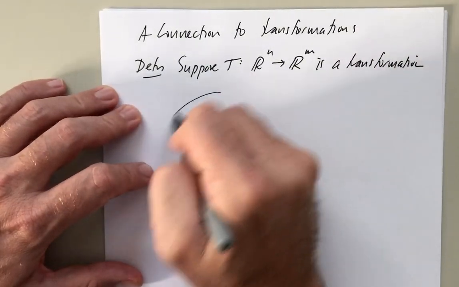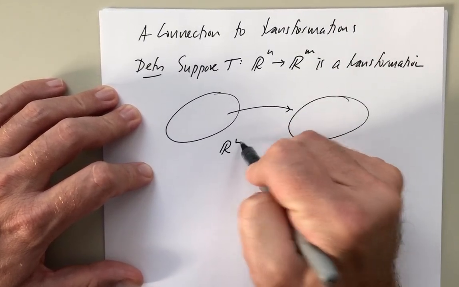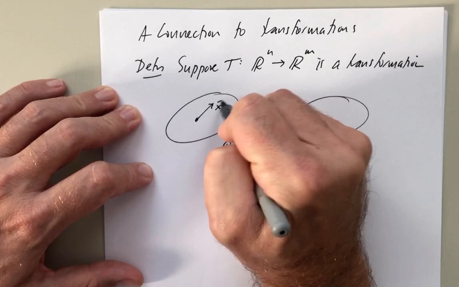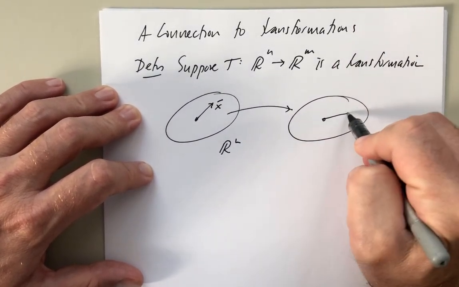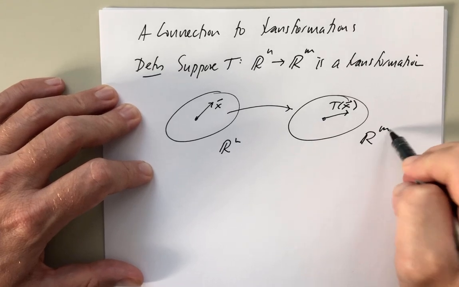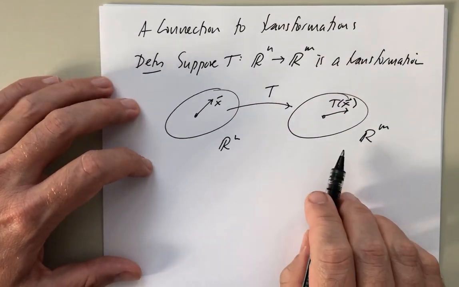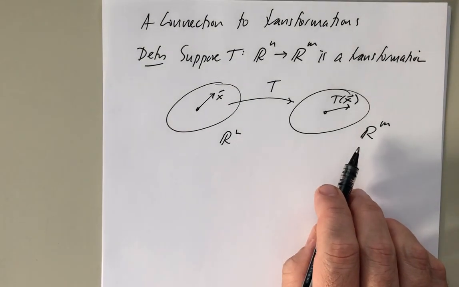Let me draw my usual cartoon. We're starting in R^n. I take a vector x, and it goes somewhere to T of x, which lives in R^m, of course. So it eats vectors in R^n, I apply the transformation T, and it spits out a vector in R^m.